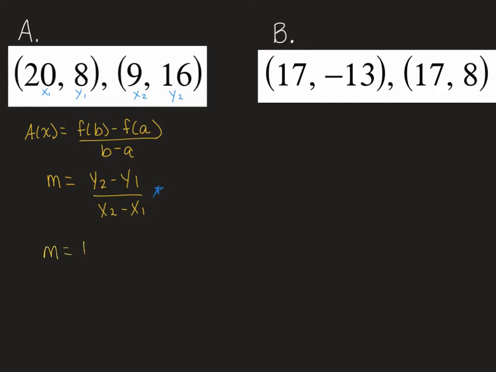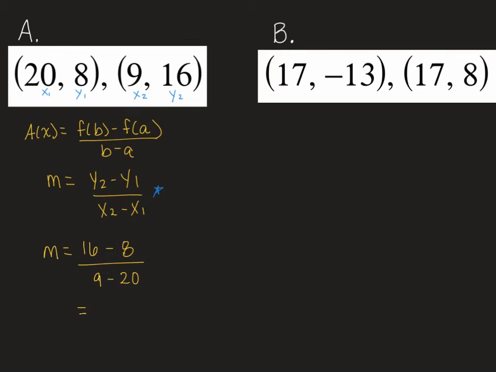So my y2 is 16 minus my y1, which is 8, over my x2, which is 9, minus my x1, which is 20. Notice how the ordered pairs that were paired up, so 20 and 8, are over each other. They're in the same position. If they're switched up, you're going to get an incorrect answer. So 20 and 8, and 9 and 16.